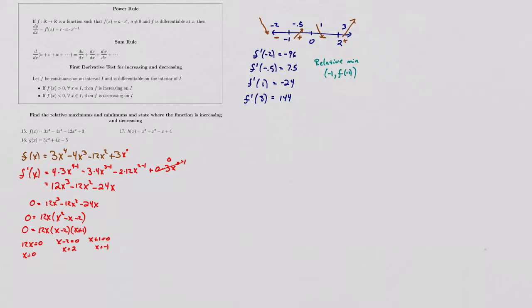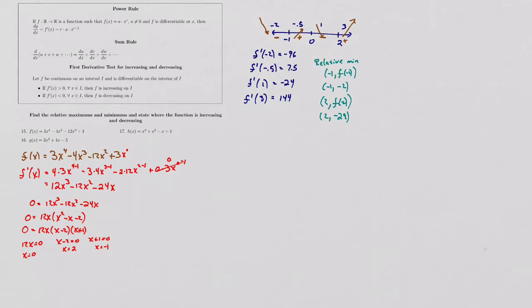Now you put this back in your original equation, and you will get -1, -2. Also, as you see here, we're going down and then back up for our slope. We're going to have another relative minimum at 2, f of 2. So you put 2 back into your original function. You're going to get a point of 2, -29. So now I have 2 points. Those are my 2 relative minimums.